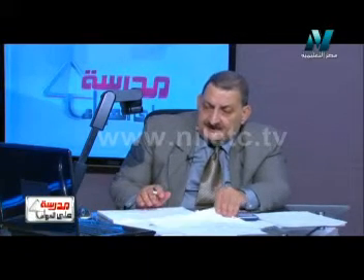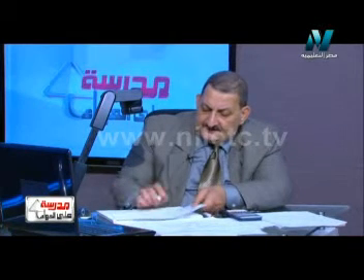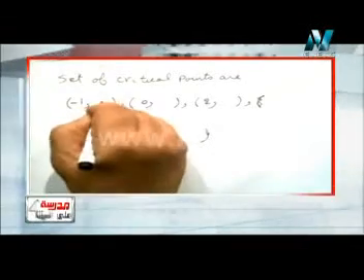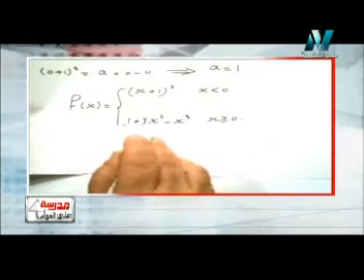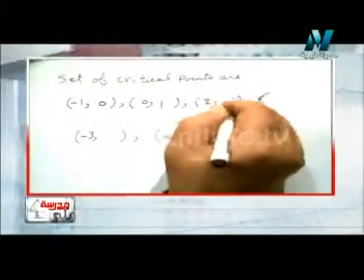At negative 1, we substitute x equal negative 1, which is less than 0, negative 1 plus 1 is 0. At x equals 0, y is 1. At x equal 2 greater than 0, 1 plus 2 square is 4, 12 minus 8, 13 minus 8, it is 5.